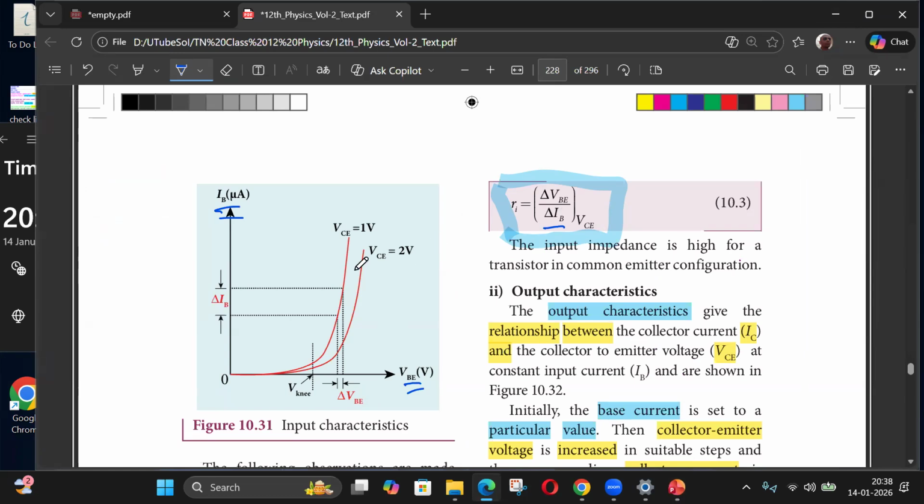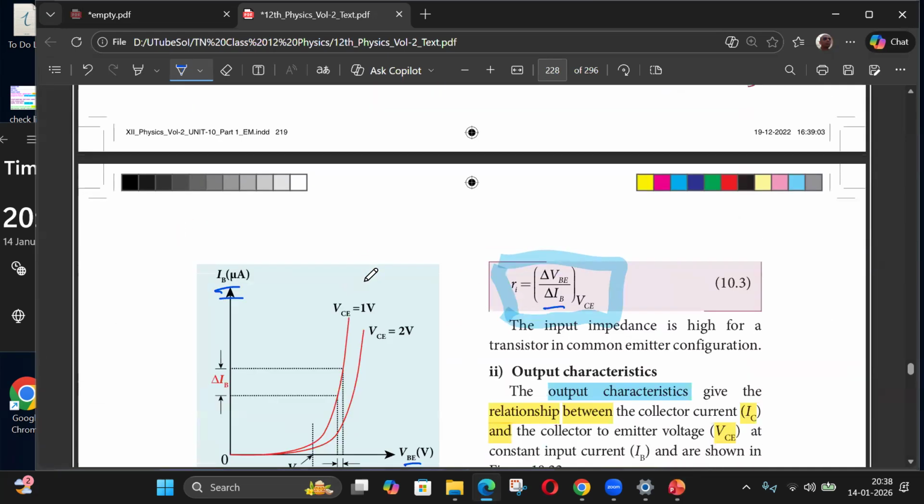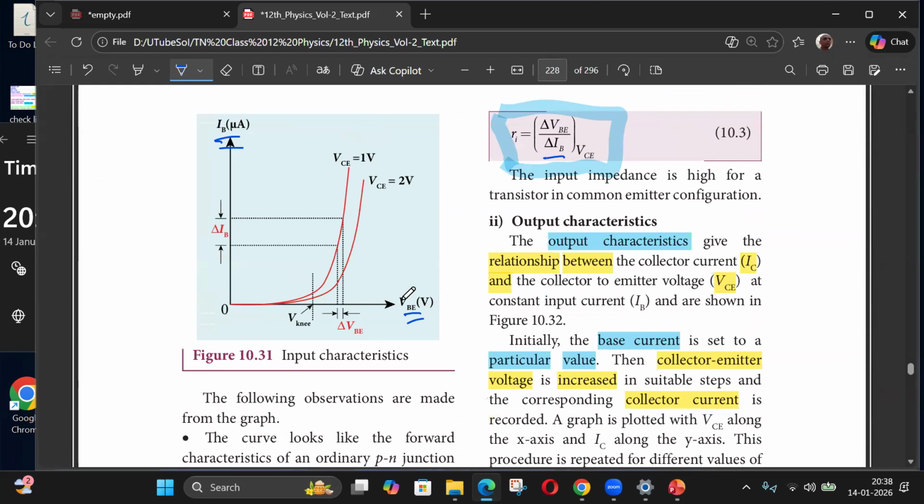Because if I do this delta VB, what is the input? So here, if we take these 2 points and do this delta VB by delta I, and if we take these 2 points, it will be different because it's not a straight line. Here the slope is maximum. So slope 1 by R is more here. Here 1 by R is less.